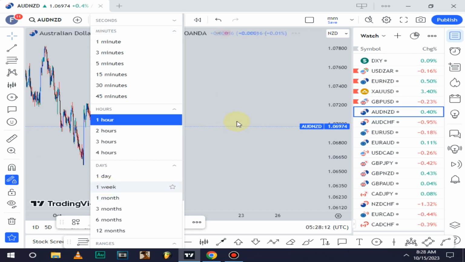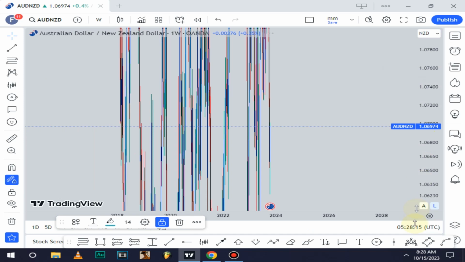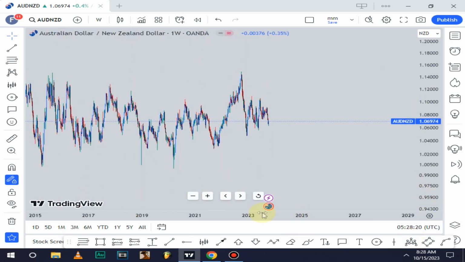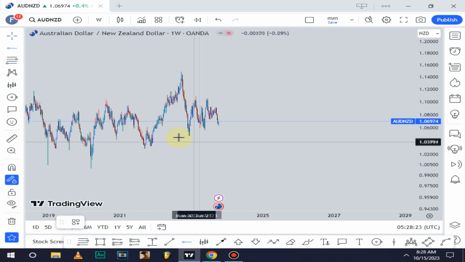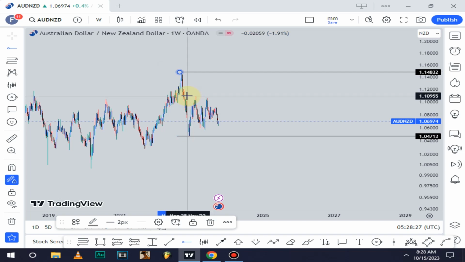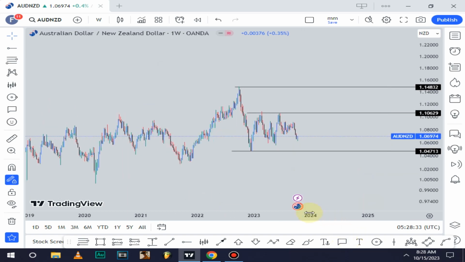Let's hit the weekly first of all. I'll just have to identify those highest and lowest zones. I have that marked, I have that marked. I also have this, it's an area of interest. Let's continue zooming in over here.